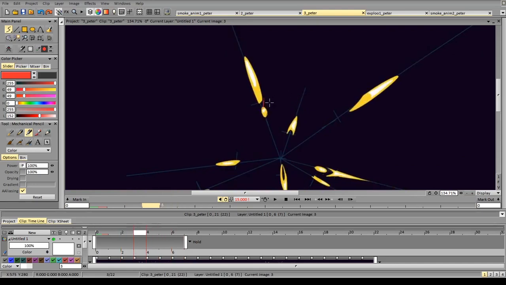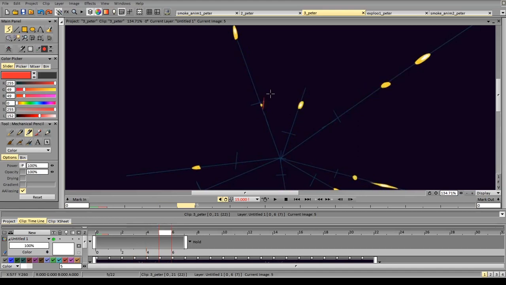And the same for this particle. Just a little bit and then back.